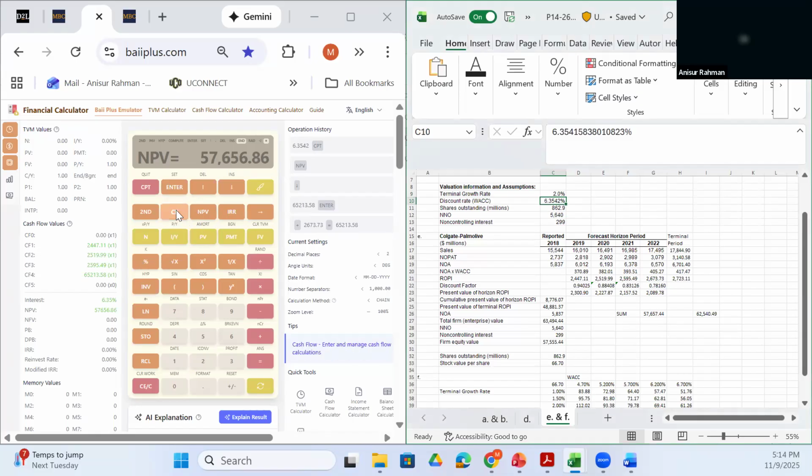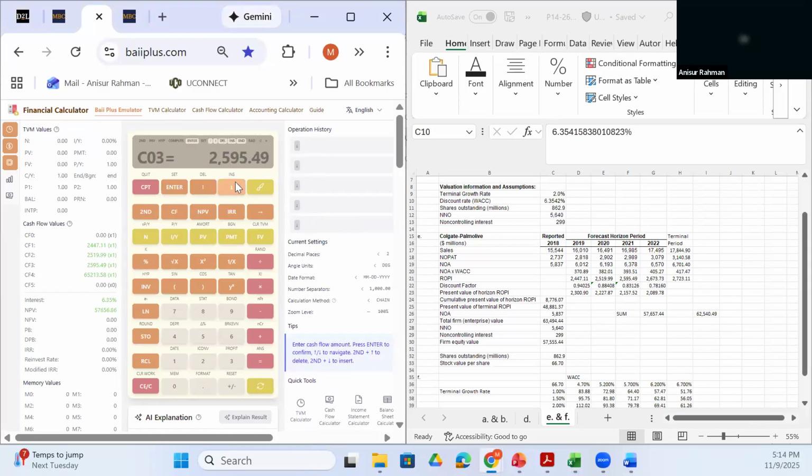For example, let's go to CF again. So these are not changing. Now let's say in C04, what we are going to do.